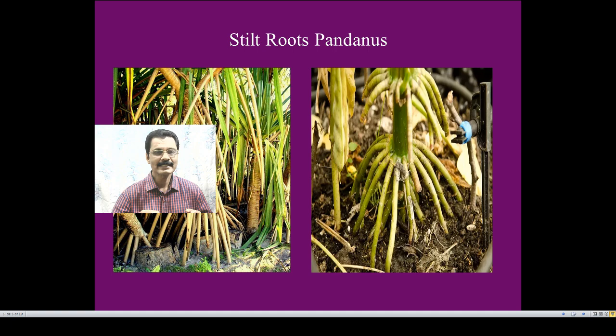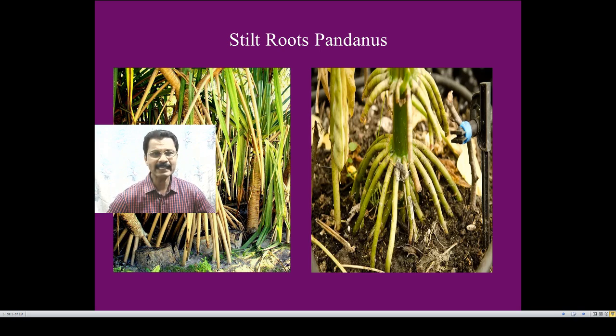The plants growing near the banks of rivers, paddy fields, lakes, etc. Some of the plants like pandanus, zea mays, sugarcane, from the basal nodes, the adventitious roots develop and grow obliquely downwards into the soil and give mechanical support to the stem. So the roots are modified for mechanical support.